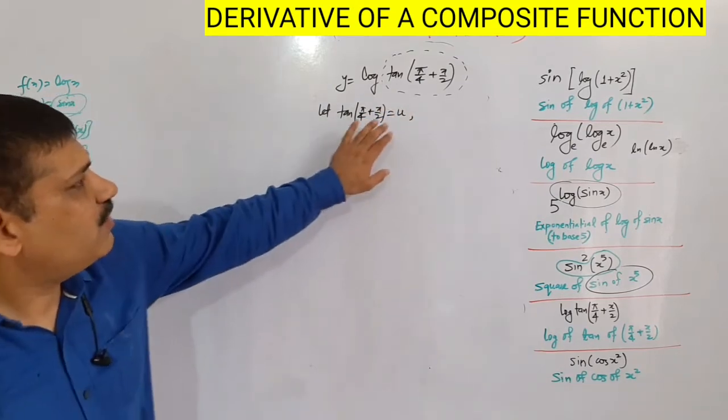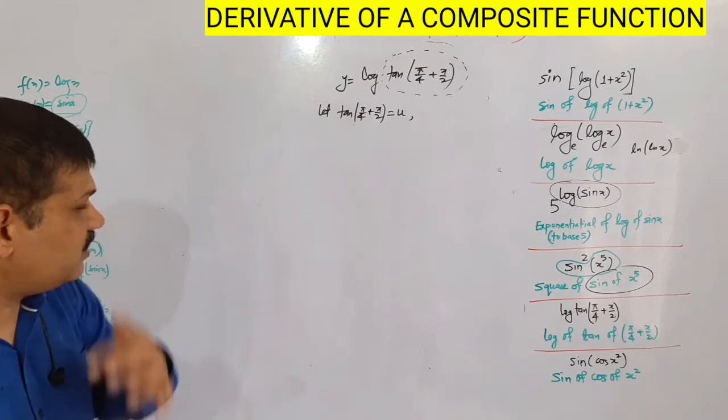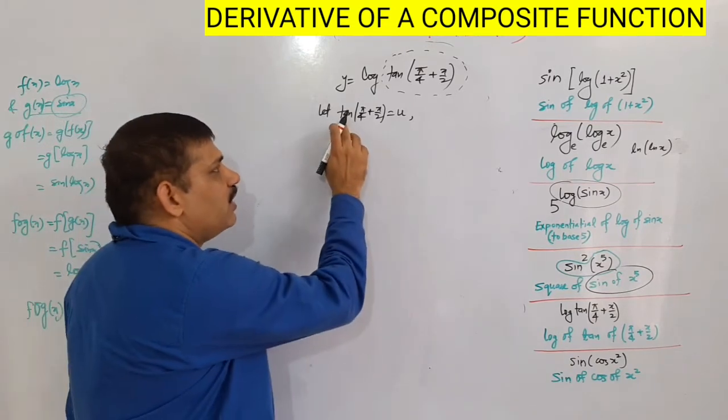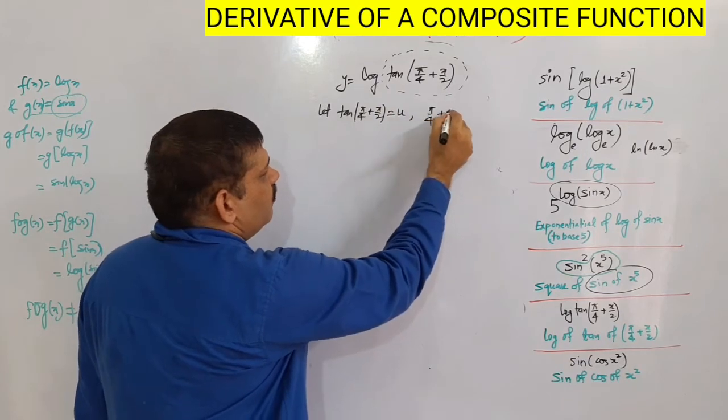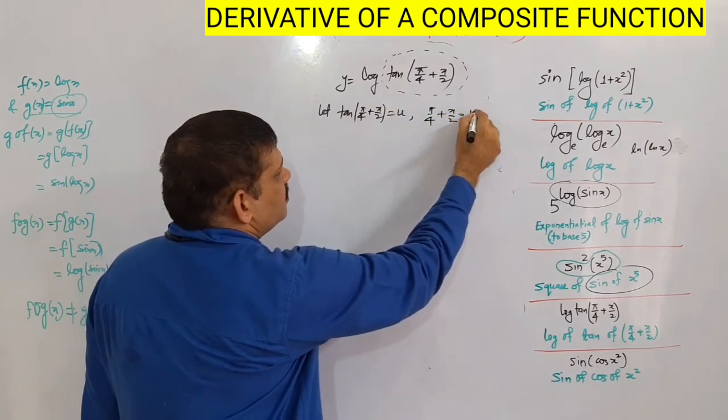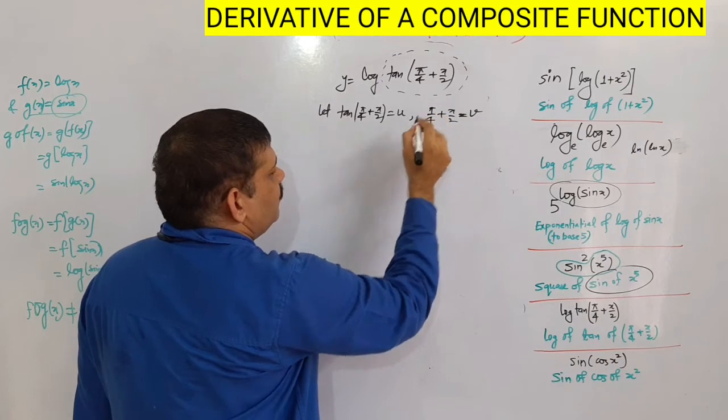Now we do not have any direct formula for tan of pi by 4 plus x by 2, so we read it as tan of some variable. Pi by 4 plus x by 2 will be considered as a new variable v.